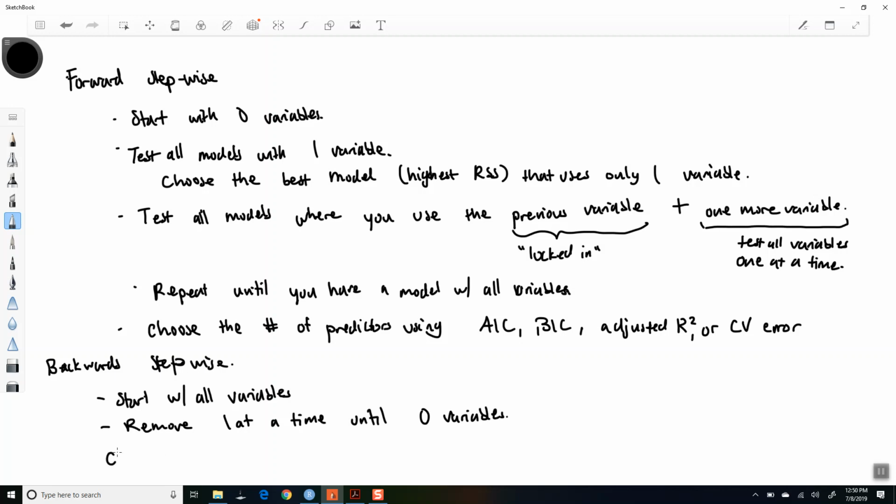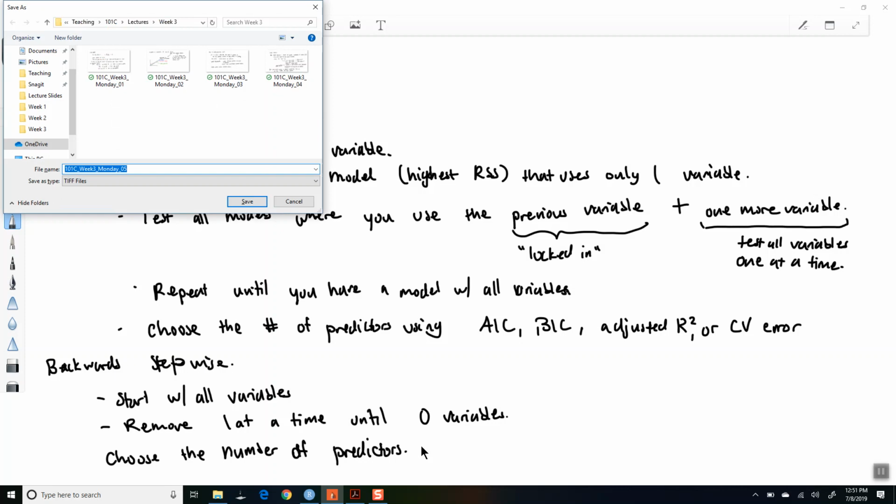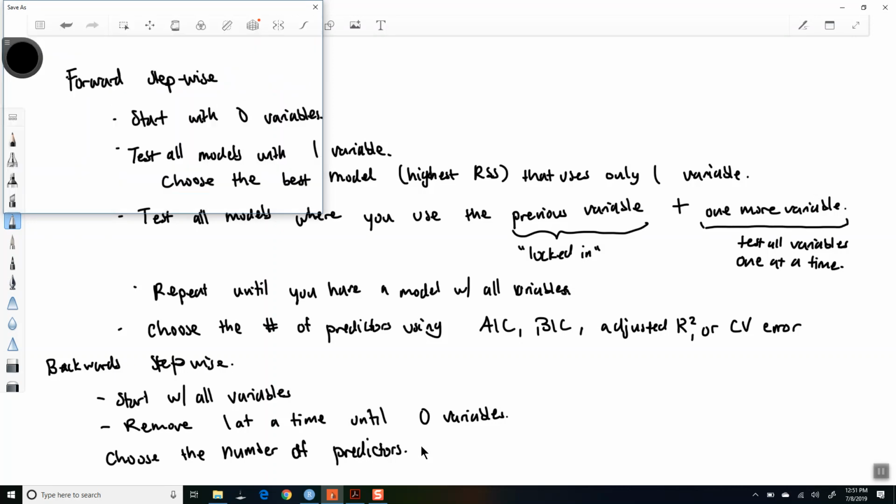Okay, and then choose the number of predictors. Okay. Are there any questions on this?